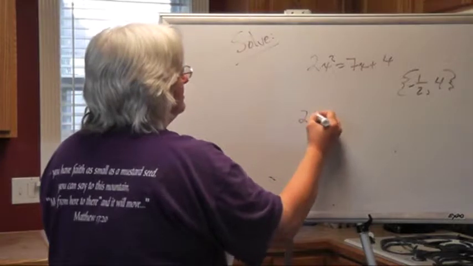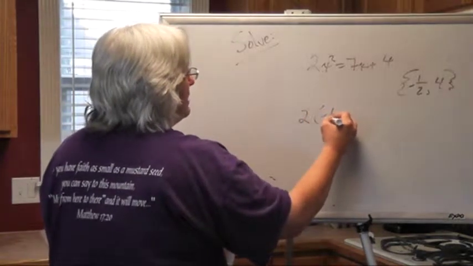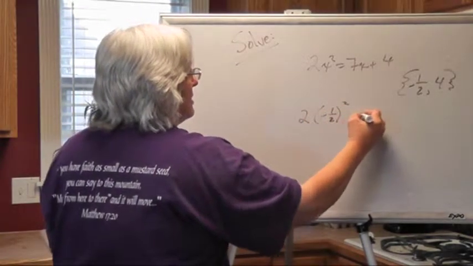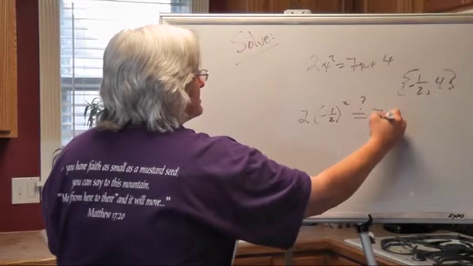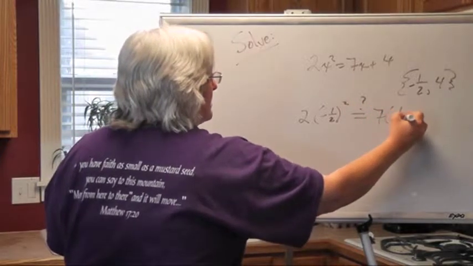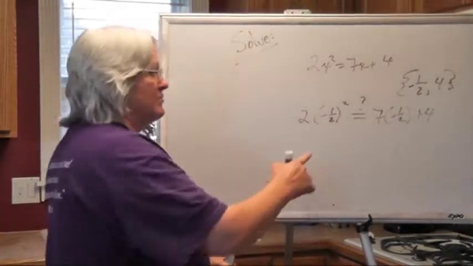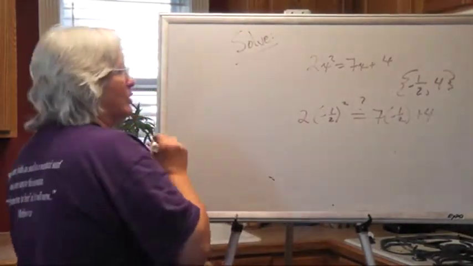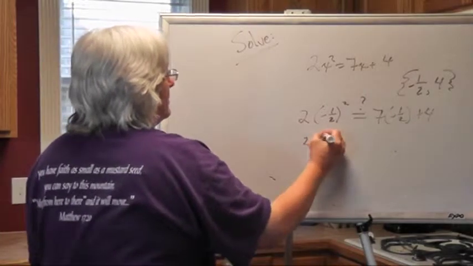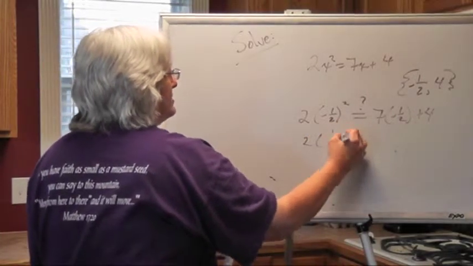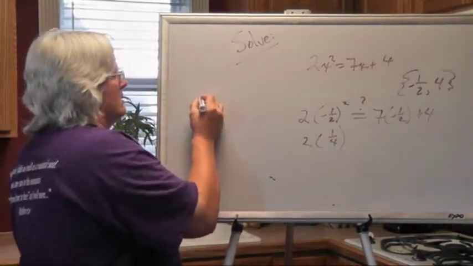So we have 2 times a negative 1/2 squared. Is that equal to 7 times a negative 1/2 plus 4? First, you have to square the negative 1/2. That becomes 2 times 1/4. You say, how in the world is that true?